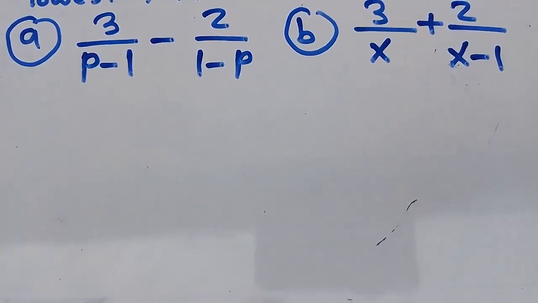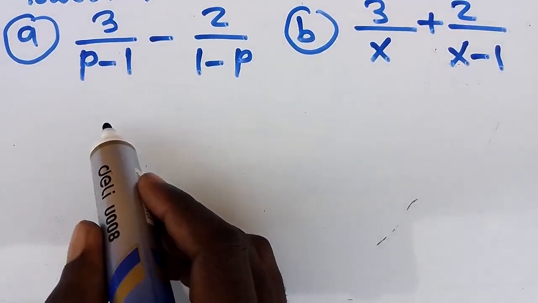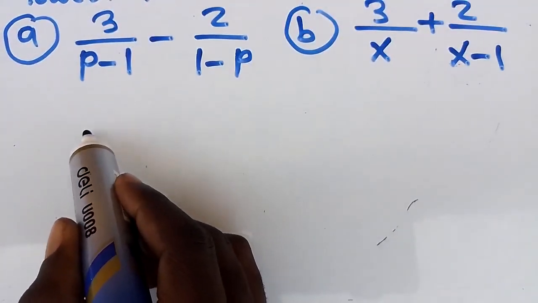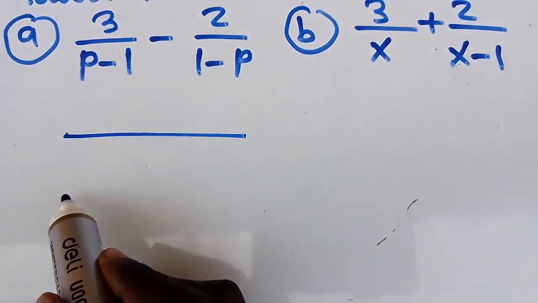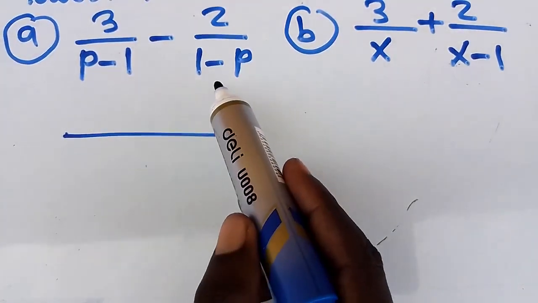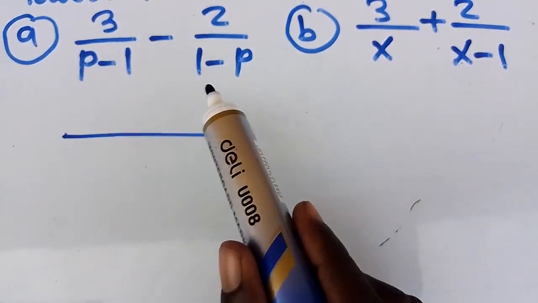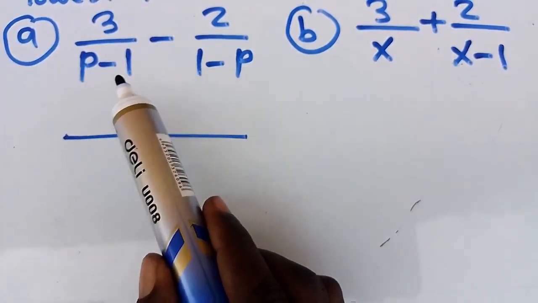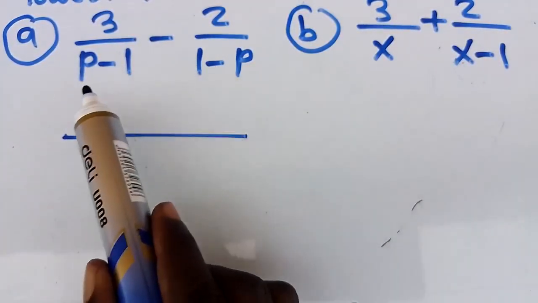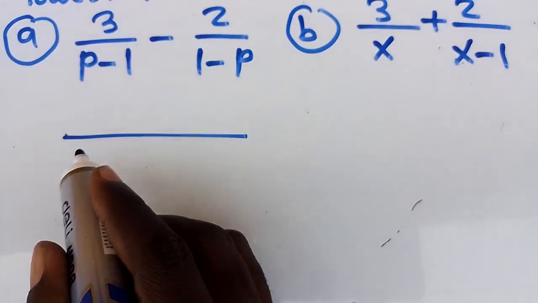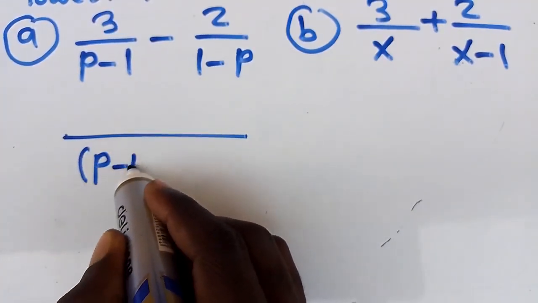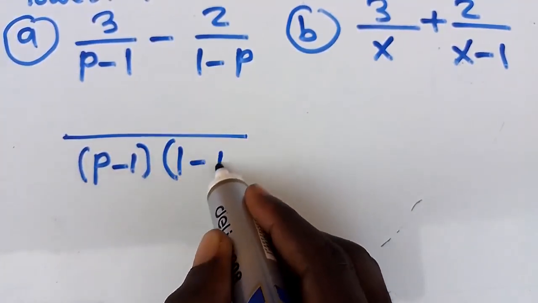So I'm always going to start with the first one. First you find the common denominator. In this case, these two are different, so you cannot find the common denominator here. But what are you going to do? You drop them. You say p minus 1, 1 minus p.